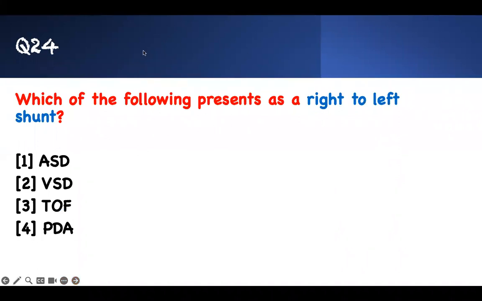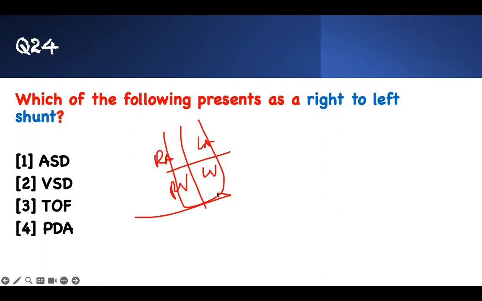Number 24. Which of the following presents as a right to left shunt? So you have the heart shunt, right? You have a right atrium, right ventricle, left atrium, left ventricle. So right to left shunt is those that go like that, and left to right is those that go like that.